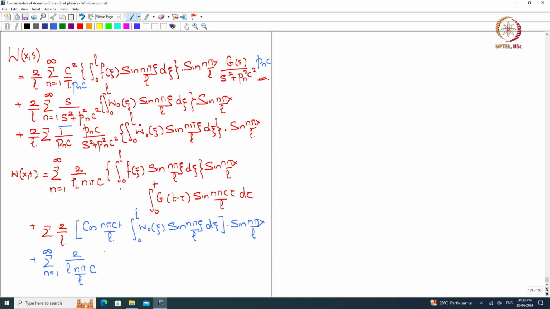Then this term is sine n pi c t by L, a sine n pi x by L, and then integral 0 to L w dot 0 of xi sine n pi xi by L d xi.